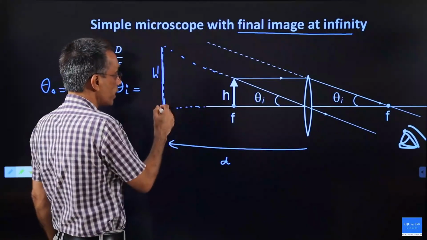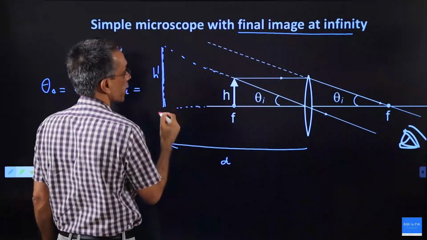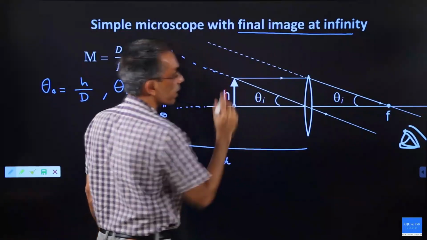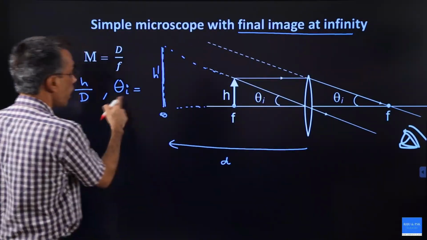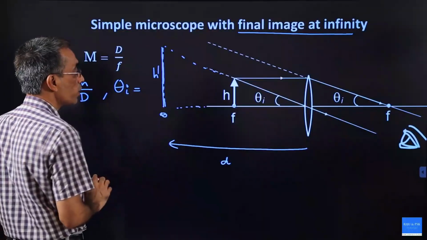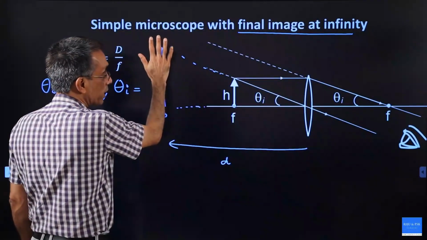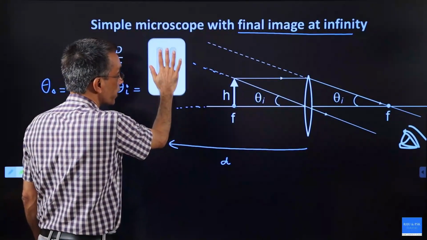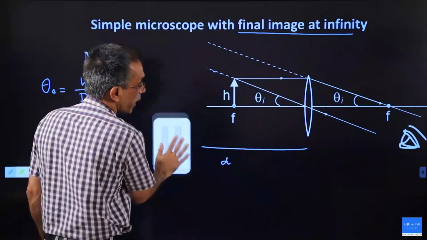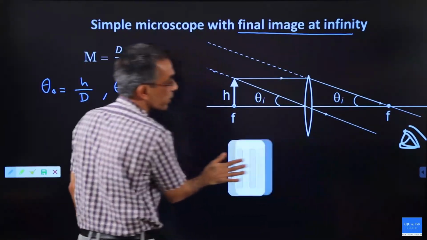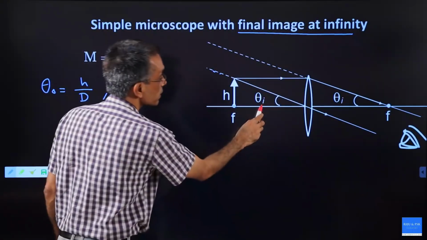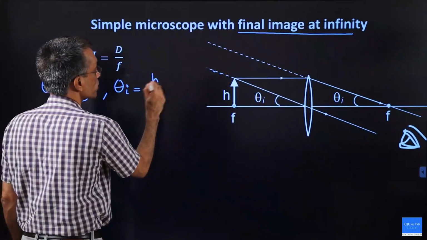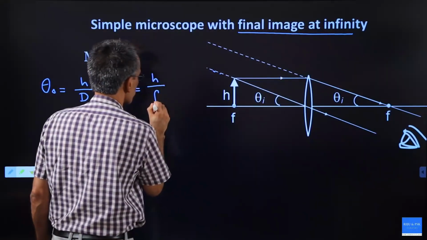If you take tan theta in this big triangle, that is also equal to theta I. So in my diagram, I do not have to consider the large image at infinity. I do not even need this distance to calculate that angle. That angle is equal to this theta I, which is nothing but h by this distance, which is f.